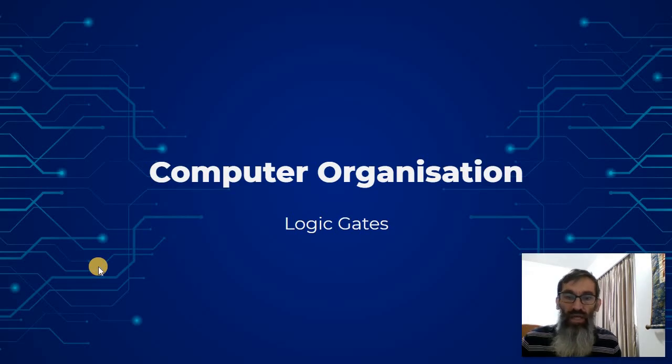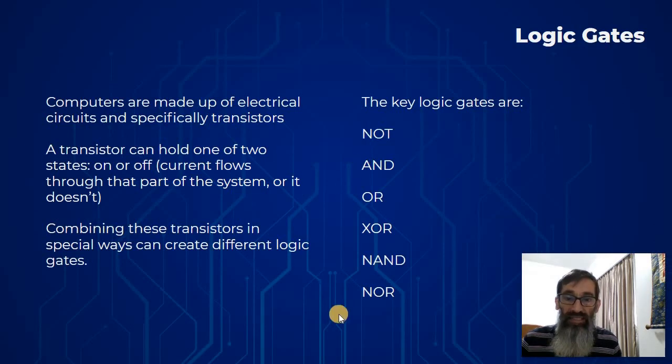Okay, today we're going to start looking at logic gates, and there are 6 different logic gates that we need to look at. There are 3 that are key: the NOT, the AND and the OR. The reason why computers use logic gates is we've got the maths behind logic, and we can very easily simulate them or create them by using transistors, which is solid state technology, which means they're very reliable.